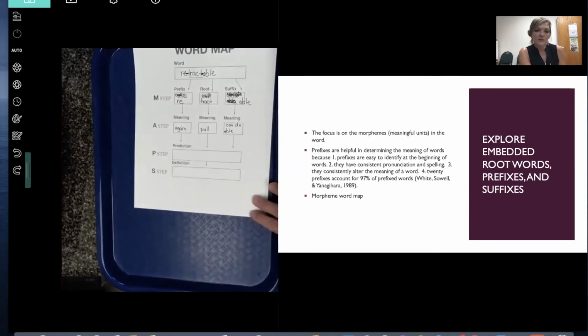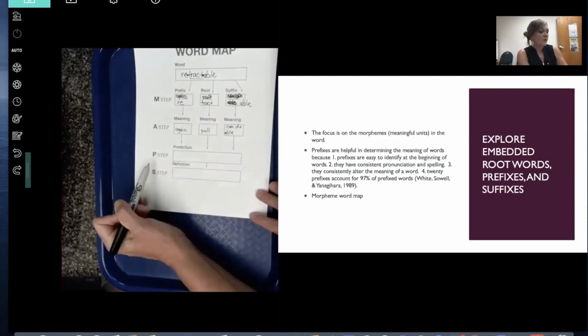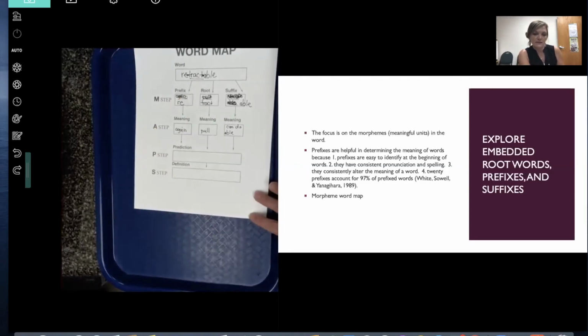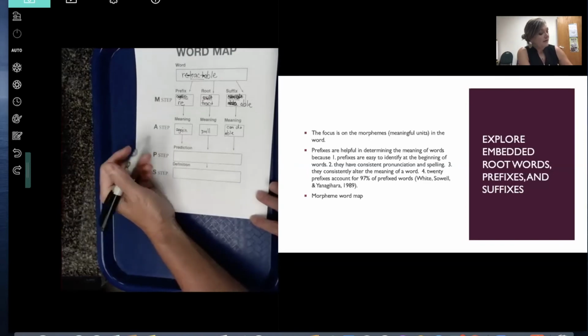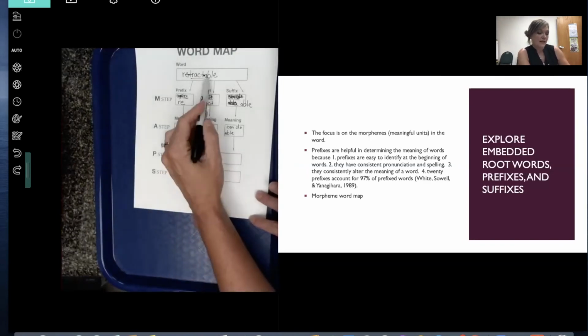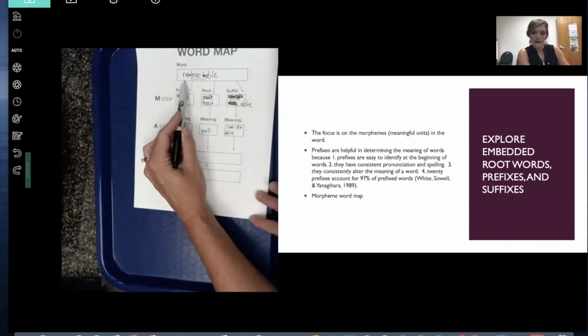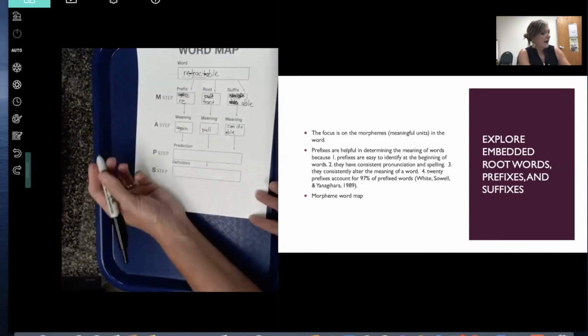Okay, so now, based on what those meanings are, what is your prediction of what retractable means? What do you think it means? Well, it's able to pull again, or pull back also. Re also means back.